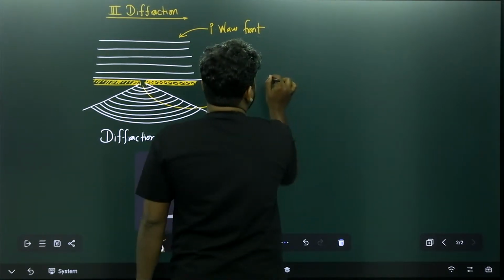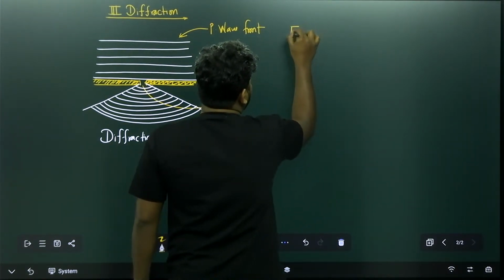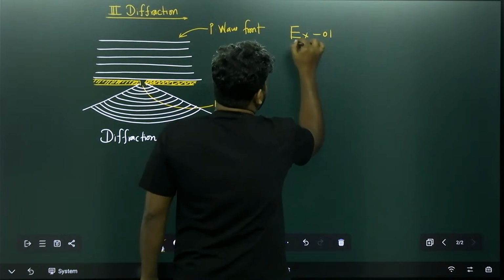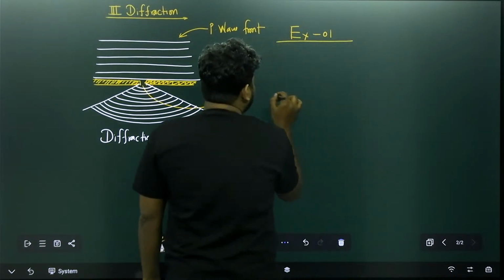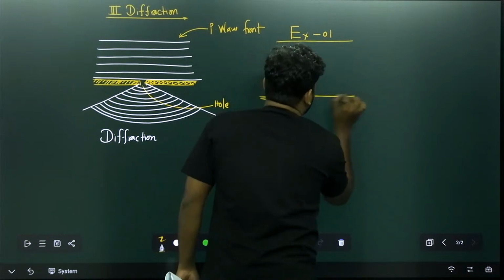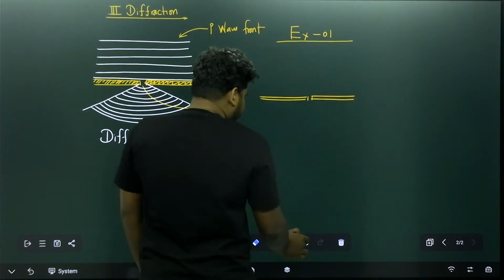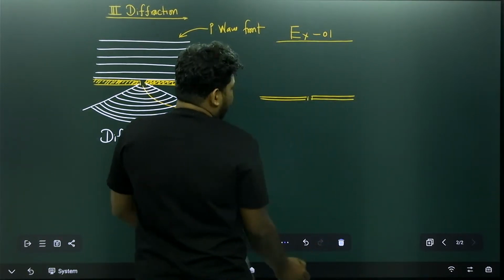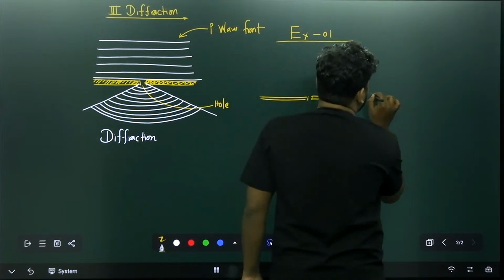What I'm going to do here is make an experiment. This is experiment number one. In this experiment, I'm making a small hole and a big hole.